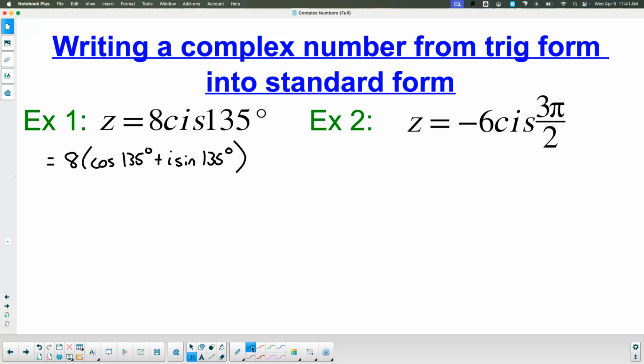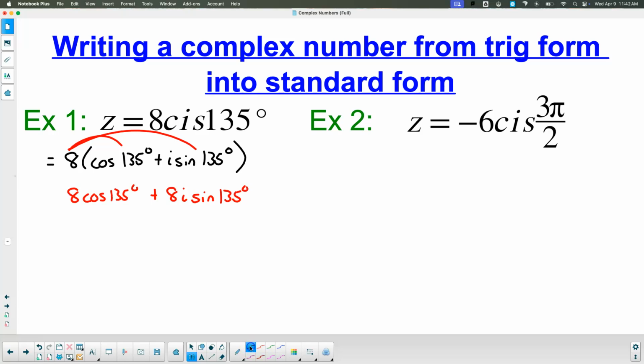Yes? So if I want to go into a plus bi, the only thing that I need to do is distribute this 8 into both of those. Okay? So this is going to be 8 cosine of 135 degrees plus 8i times the sine of 135 degrees.